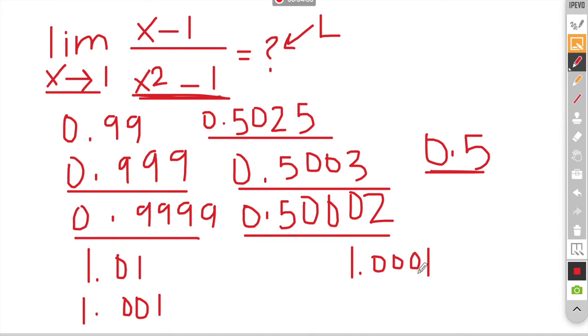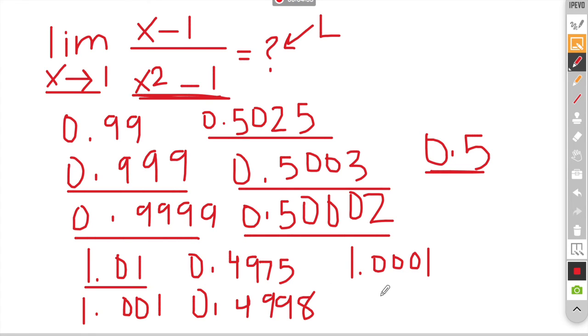Now, let's say I plug in this value for x. I get 0.4975. In the next one, I get 0.4998. And then this one, I get 0.4999.